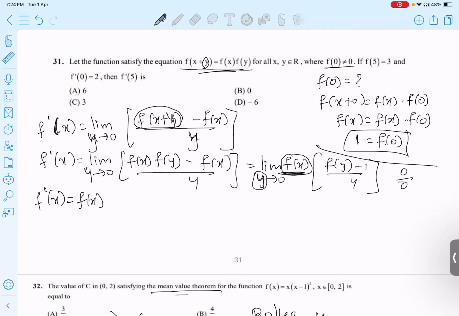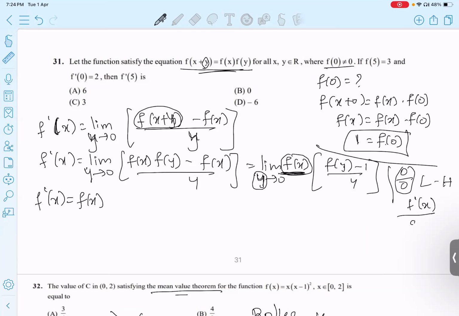In the previous question paper, Srinivas sir taught you whenever the limit values become 0 by 0, we have to apply L'Hospital's rule, generally called the LH rule. What is this LH rule? We have to apply LH rule whenever we have 0 by 0 or any indeterminate form. So what is this LH rule?